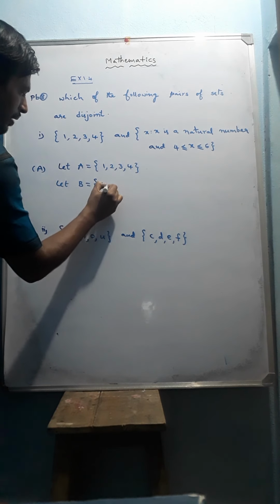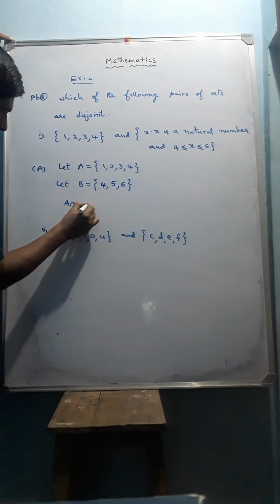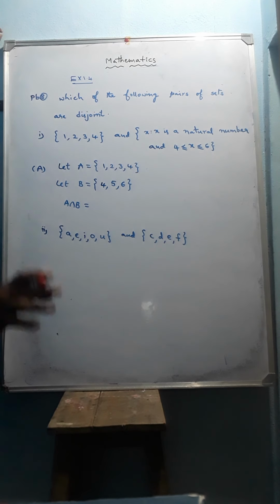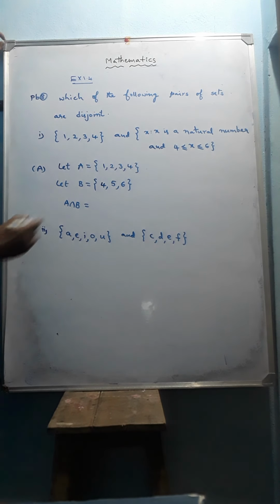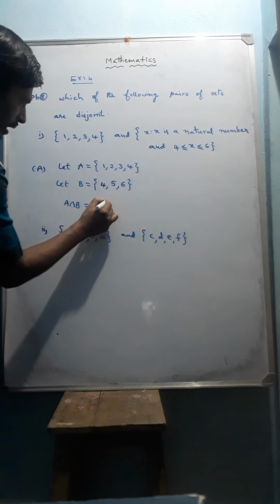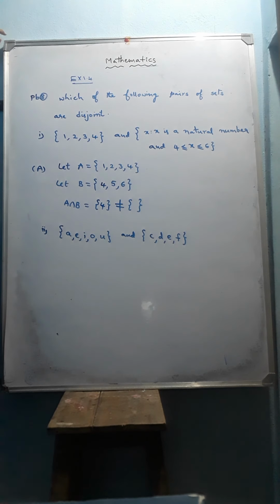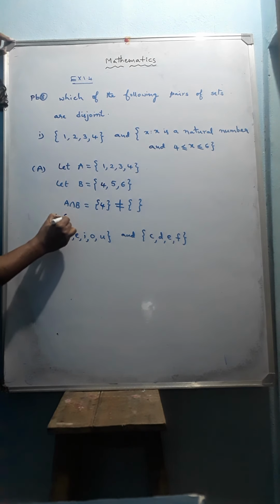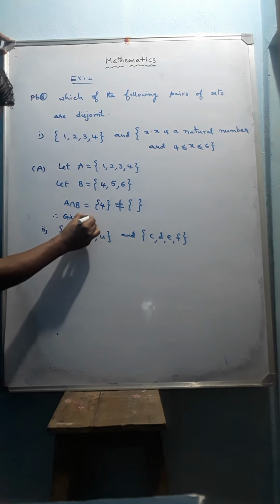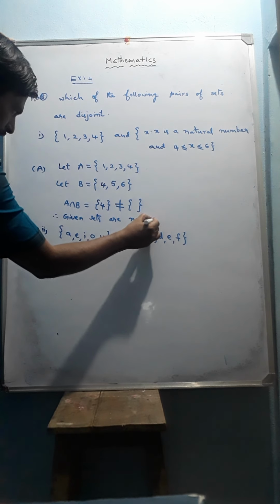That means 4 will come, 5, 6. So if you find out A intersection B, so disjoint means you have to find out definitely A intersection B. So tell me, is there any common element? Yes, common element is there. 4 is the common element. That means this is not equal to null set. Therefore, given sets are not disjoint.